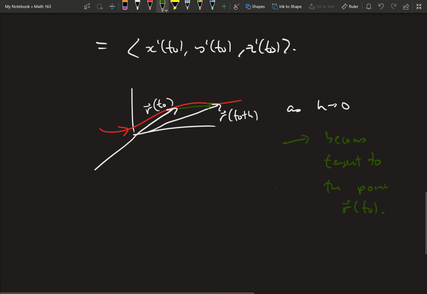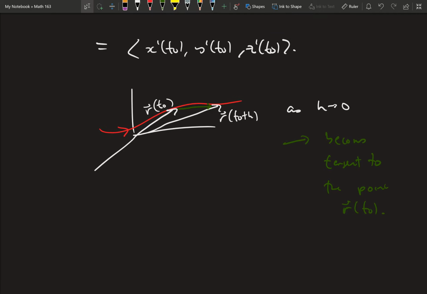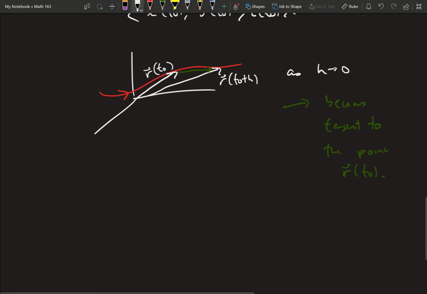Okay, so we'll see some examples of it. I think it's easier to see it via an example. The book probably has a better picture as well. But let's do an example, and I think that'll clear things up a bit.